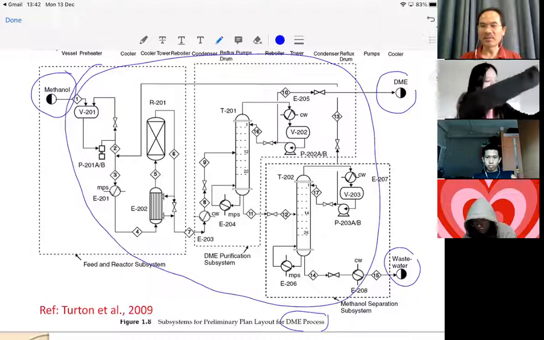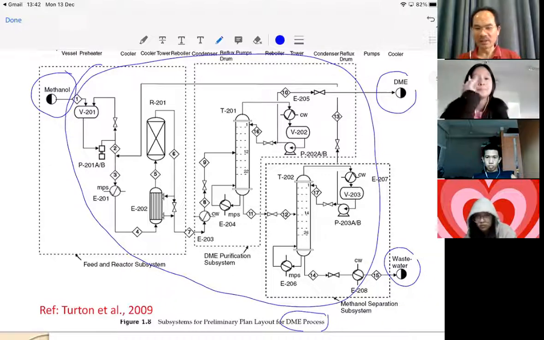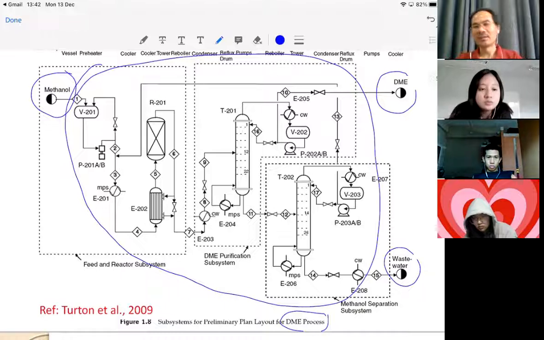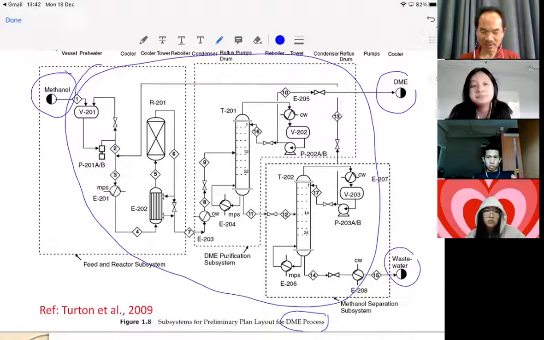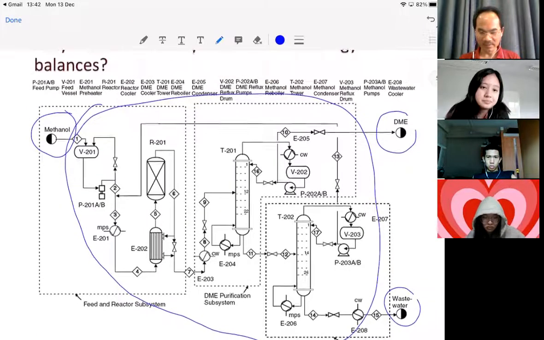When you do the mass balance, you have to identify what the feed is, what the input is, what the output is, what the generation is, what the consumption is, and what the accumulation is. This gives you some examples of why we have to study mass and energy balance. Okay.